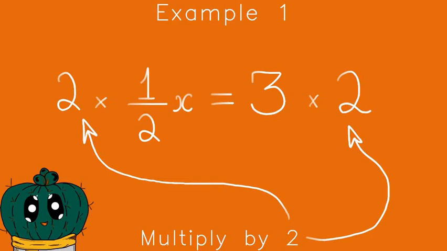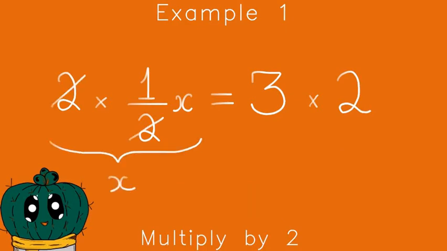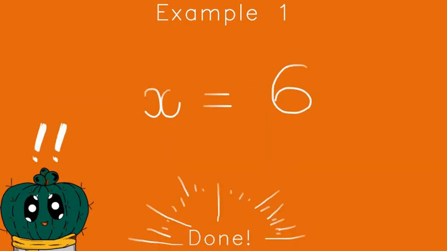This is an example of how multiplication is done when we're dealing with equations. So on the left hand side we can cancel out the 2's and we get the answer x. And on the right hand side you can multiply 3 times 2, which gives us the answer 6, and you can find the value of x.